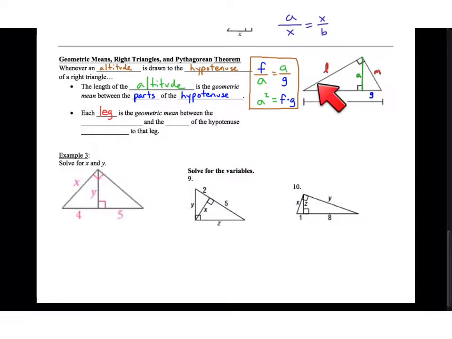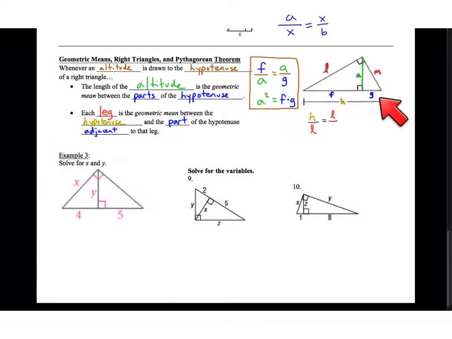The legs, which are L and M according to my diagram over here, each leg is the geometric mean between the hypotenuse, H, and the part of the hypotenuse adjacent to the leg. So we're going to have two different proportions that we can write. Here's a proportion where L, this leg, is the geometric mean between the hypotenuse, H, and the part of the hypotenuse adjacent to it.